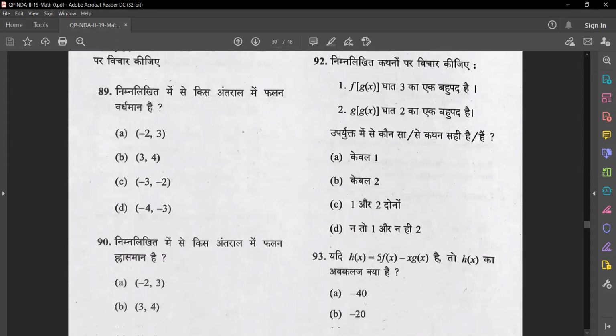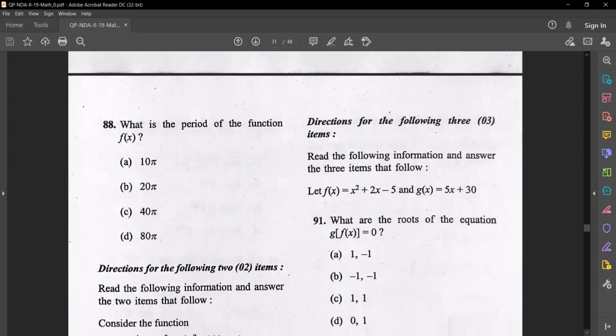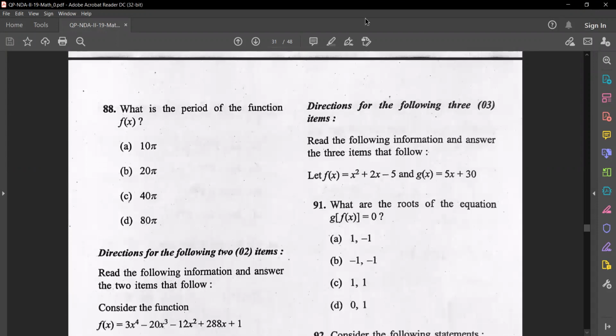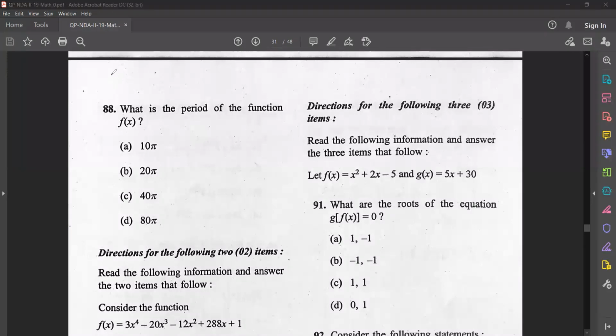What is the period of the function f of x? So h of x we have cos 4x by 5, g of x we have sin x by 4.